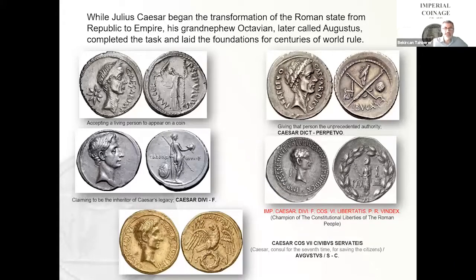So the first step was Caesar putting his own likeness on his coinage. That was a taboo in the Roman Republic, having a living person appear on a coin, claiming that they were kings and it was a republic, and how dare a person act like a king and put his likeness on a coin. And it was accepted, albeit for a short time, maybe 1 or 1.5 months.